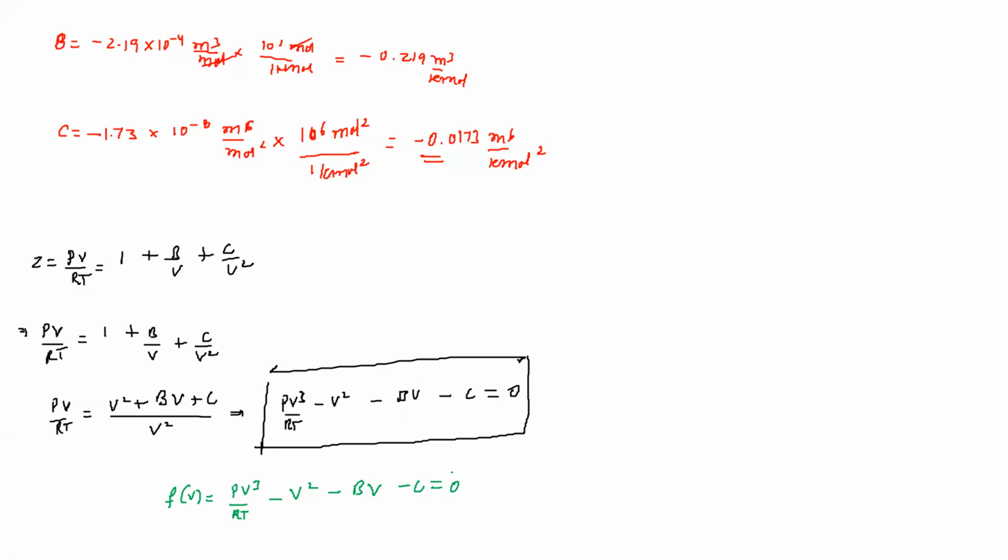Now since pressure is in bar, we can take R according to our units. R is 0.08206 liter atm per mole Kelvin, which is also 0.08206 meter cube atm per kilomole Kelvin.